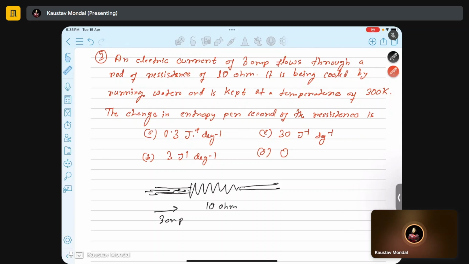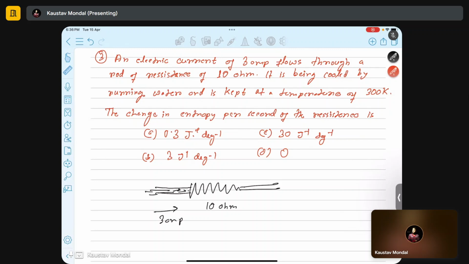Now when this current flows through these resistors, it is doing some work, and that work done is converted into heat. From the first law of thermodynamics, you already know this. The important thing here is that the heat being produced in the resistor is instantaneously cooled by the running water.